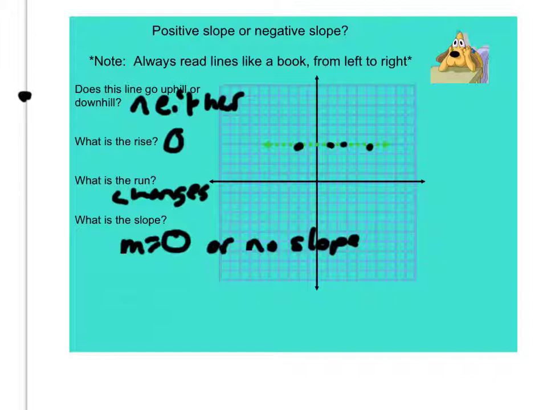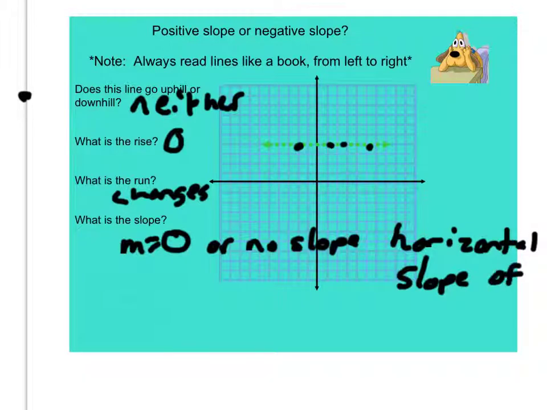So horizontal lines, the ones that go side to side, always have a slope of 0 or no slope. So we don't need to calculate the rise and run for those. I got a slope of 0, there's no slope.